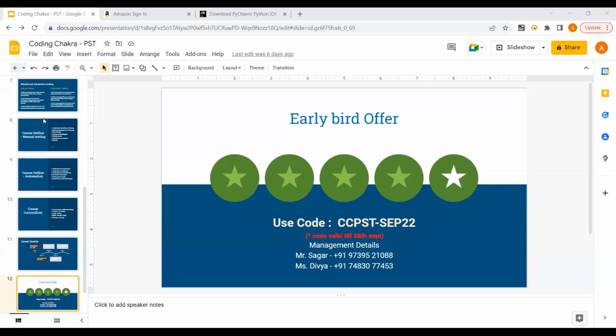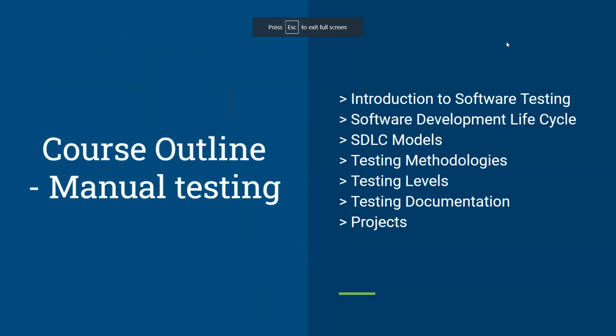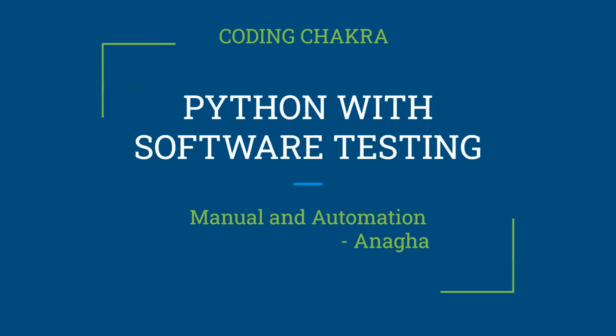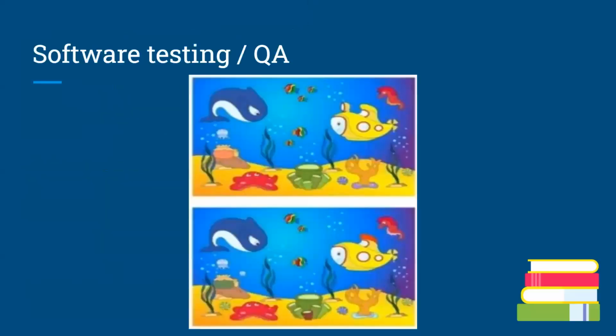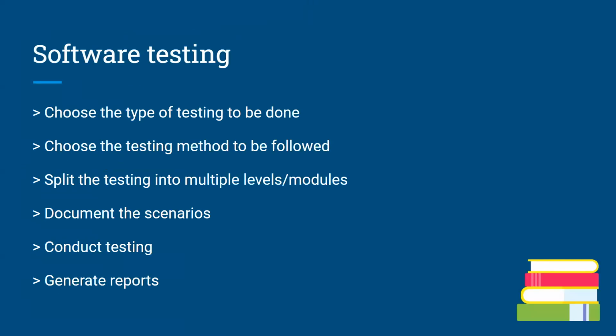Okay. So basically, this bootcamp was to focus on what the software testing course is about. So basically, this course is Python with software testing. So I quickly went through the introduction about software testing and how you have to test and what are the required things for software testing.